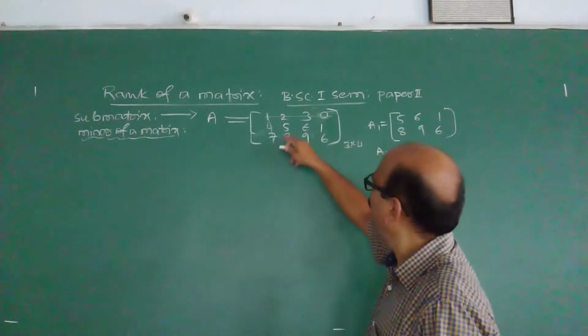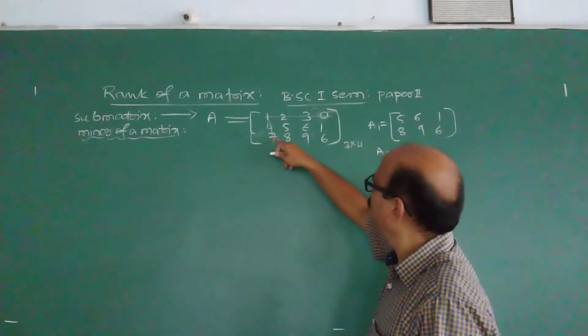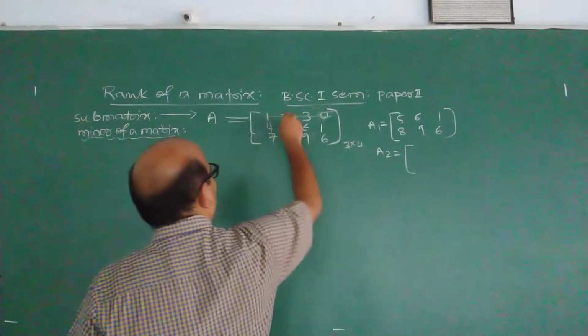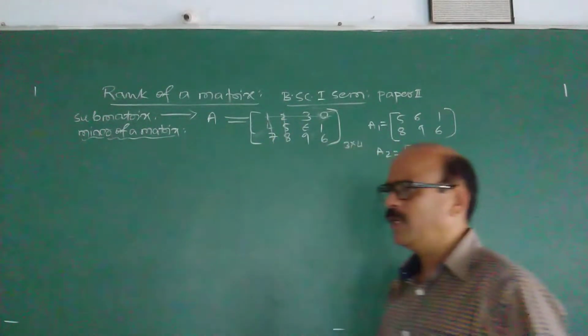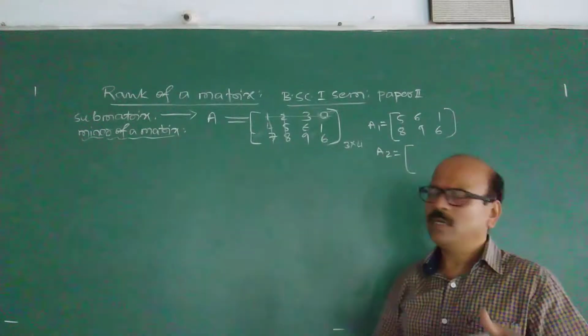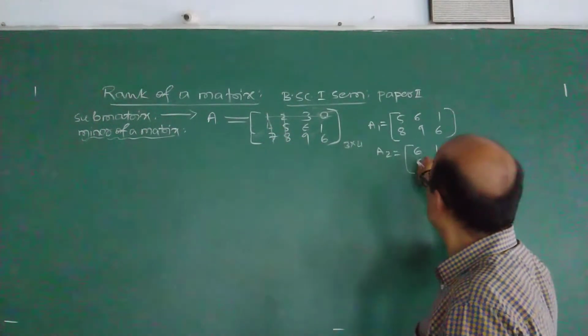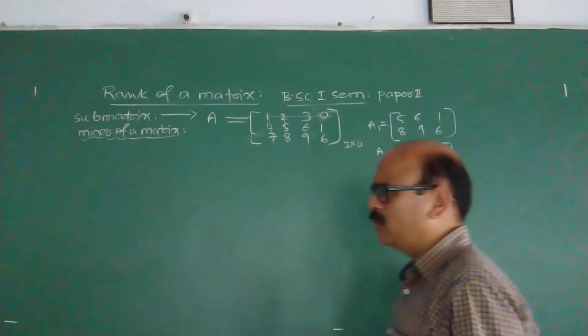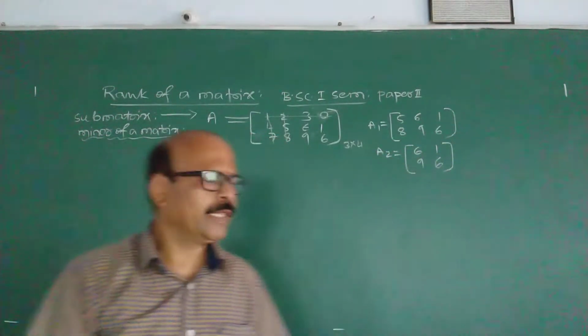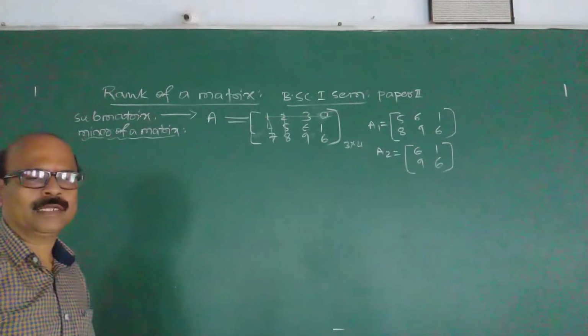If you leave first row, first and second columns, you will get 6, 1, 9, 6. It is also submatrix. That is the definition of submatrix.